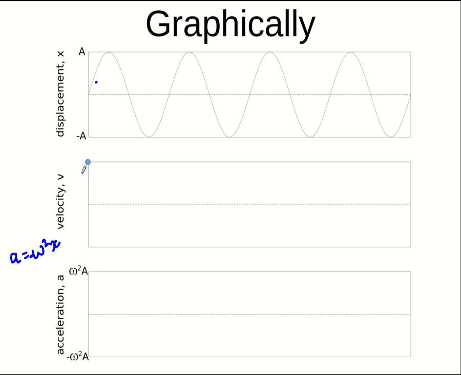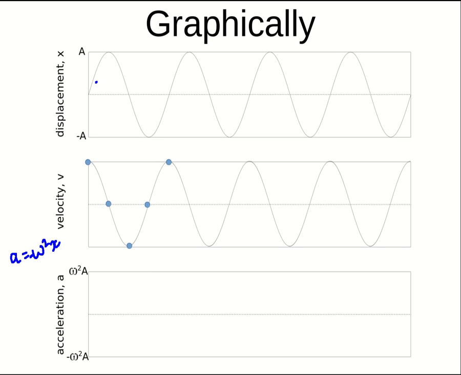So if we move this line along and plot a point where the gradient is, in this case the gradient is 0 on the displacement graph, and here it's maximum negative, and here it's 0 again, and here it's maximum positive, and we get a cosine curve.